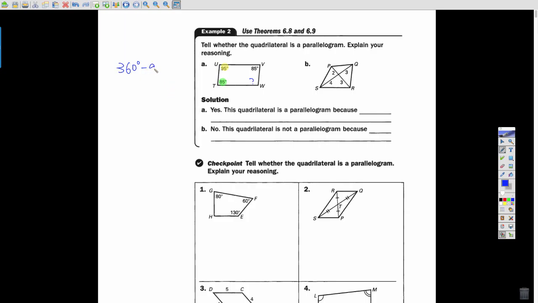So if I use 360 minus 95 minus 85 and minus 85 again, because there are two 85 degree angles and one 95 degree angle, I think our answer is 95 degrees. Therefore, this one is also 95 degrees, which means these two are congruent, right? And because of that, I can draw the conclusion that this is a parallelogram, because angle T is supplementary to angle U and angle W.